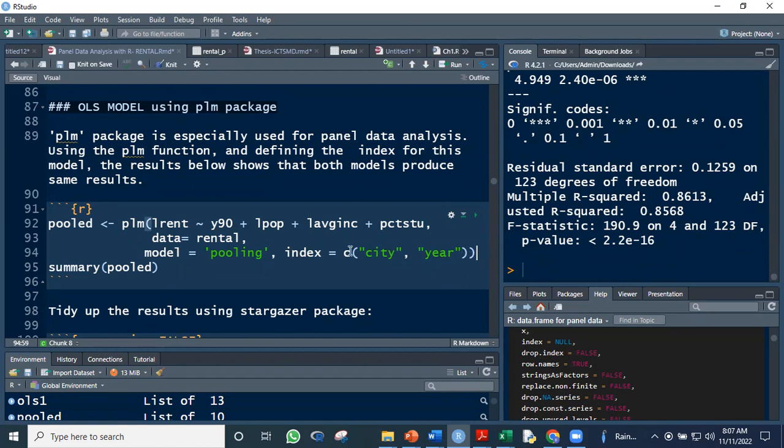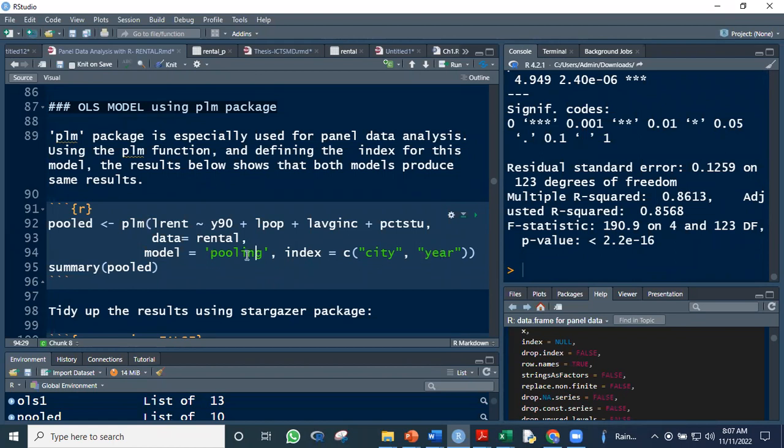However, this index actually becomes irrelevant, even if we're using rental, because the model that we're asking R to use is pooling. Pooling means that you disregard the index, you disregard the city and the year component.